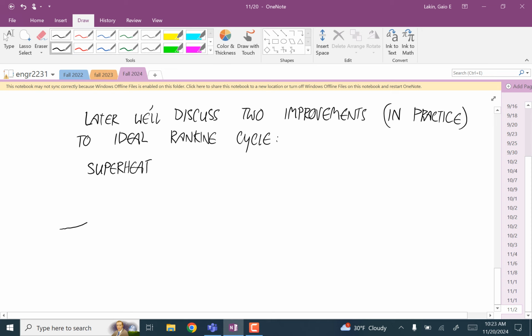And so if that's the vapor dome, in superheat, you go from state 1 to another superheater, and bring that vapor, instead of going straight through the turbine from here, you put more heat energy into it to make it a superheated vapor.